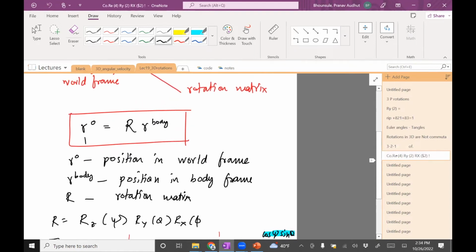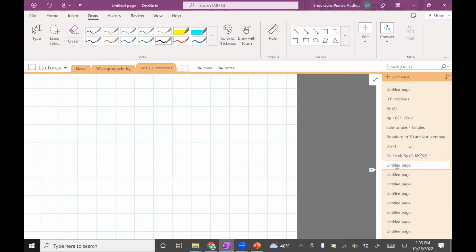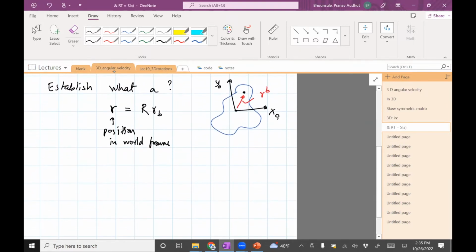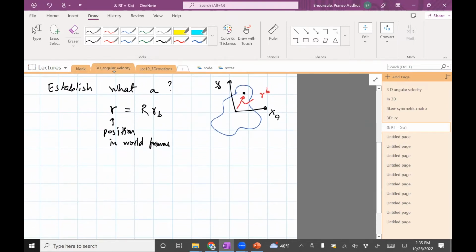So if you take the rotation matrix and multiply it with the body frame vector, you get the position of the same vector in the world frame, right? So I wrote the same thing down there. I just removed the R0.